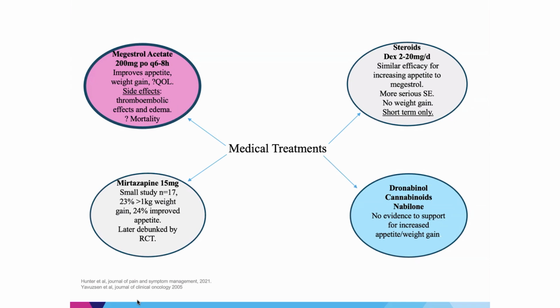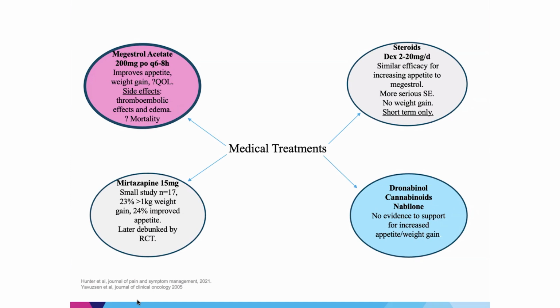Mirtazapine was kind of all the rage for many years, but we had a recent RCT that showed that it's really not any more effective than placebo in this setting. In my practice, I would use it if I have a patient who maybe has a little bit of a mood disorder, isn't sleeping. If someone has moderate depression or higher, then you want to do a more effective SRI, not mirtazapine. But for general anorexia, cachexia, not very helpful.